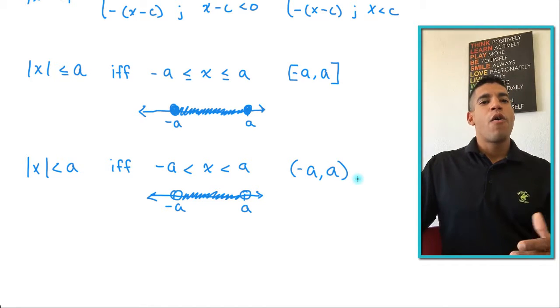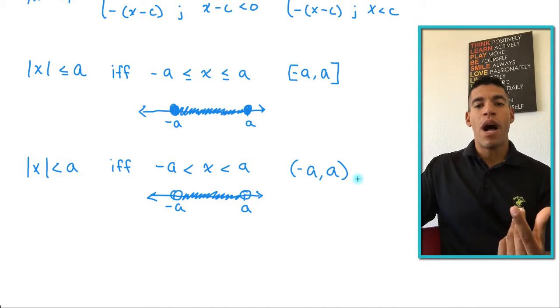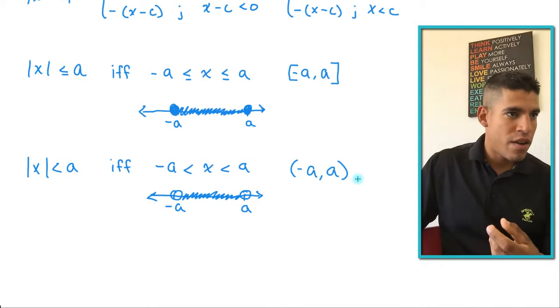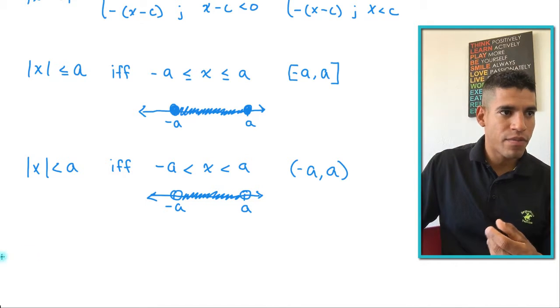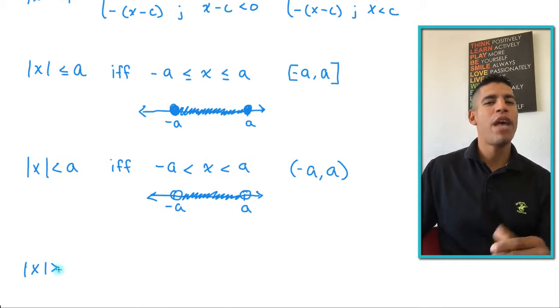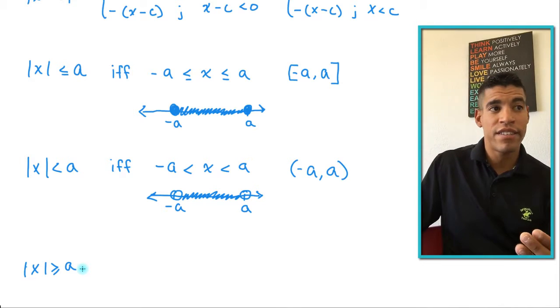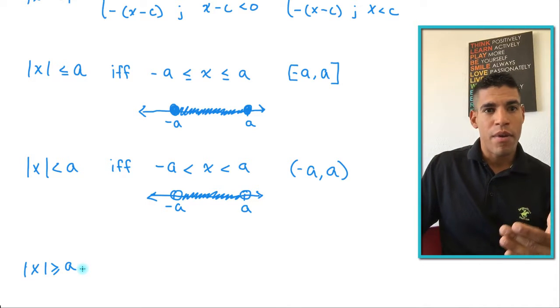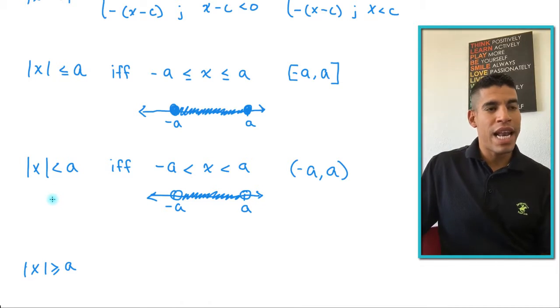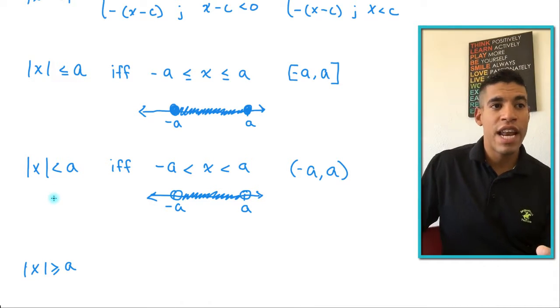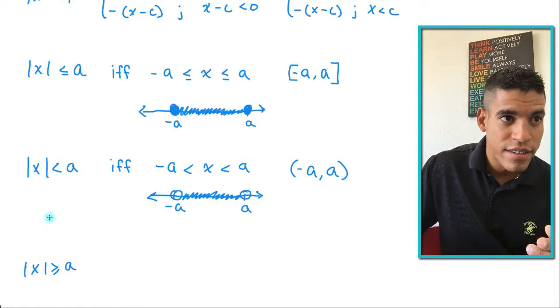Now, if I flip my inequalities, right? Absolute value of x greater or equal than a. What would that be? Well, it's the negation of the second one, right? If I apply the negation of being less than a, it's just saying greater or equal than a. So it's the negation of this.